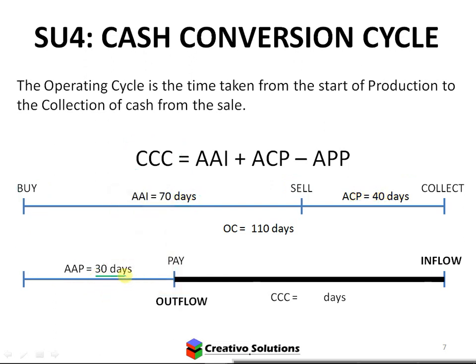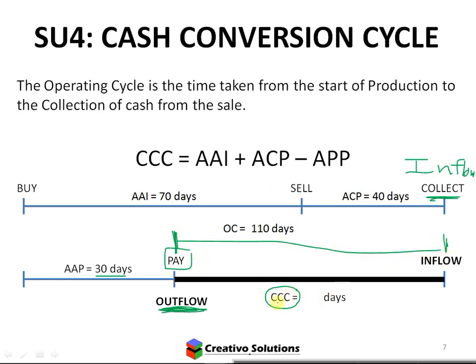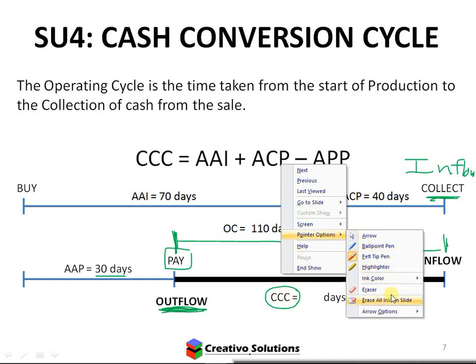After 30 days, on average, you have to pay. So that's when I pay. Here's the outflow, there's the inflow. We're looking at the cash conversion cycle, which is the difference, that part. What I've highlighted in bold, that bit over there, is the cash conversion cycle. And how much would the cash conversion cycle be?